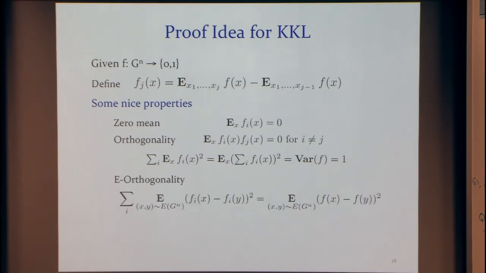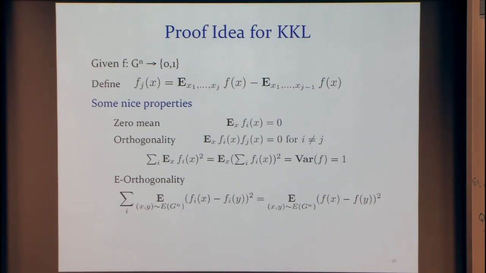A second very nice fact is that they are not just orthogonal under this standard space, they are also orthogonal when you define the inner product space according to the edges. What I mean is that if you look at the quadratic form of these functions defined over these edges, and you sum them up, you in fact get the quadratic form of the original function.